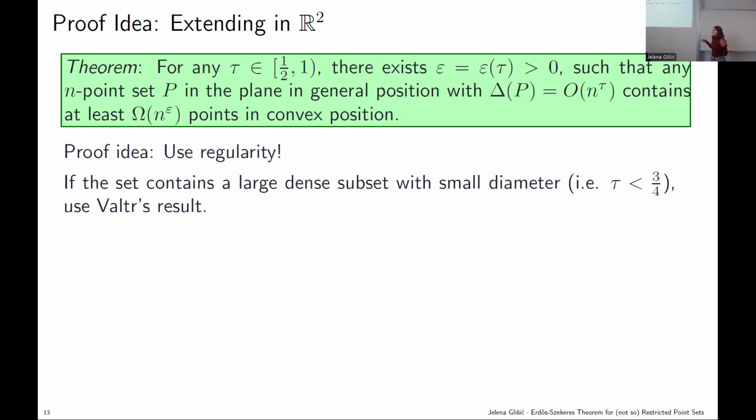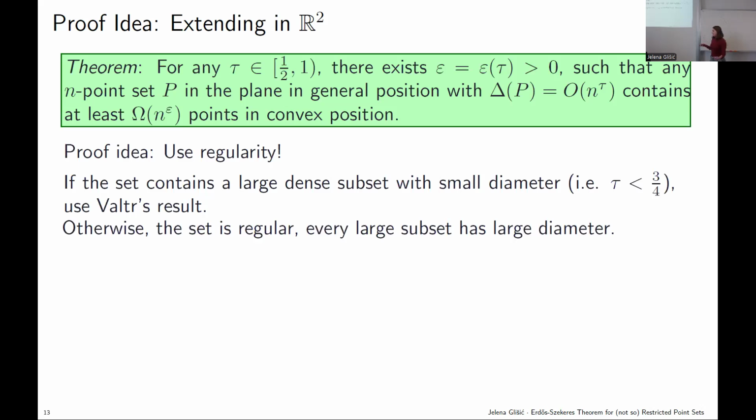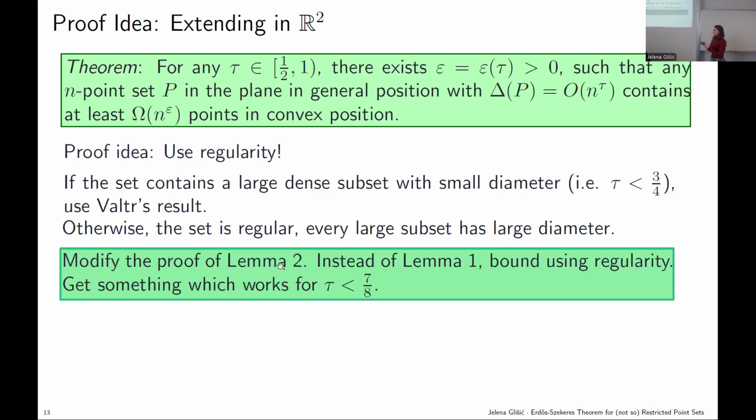That means that the other case is that my set is somehow regular. It means that every sufficiently large subset is not dense. It has large diameter. And now I will use this instead of this little minor lemma, which I used to split it into levels. So the sums in the probability will be ugly, but they will be using exactly this regularity.